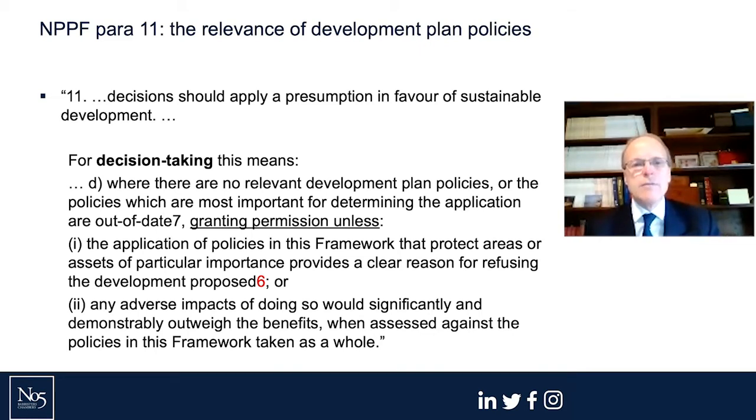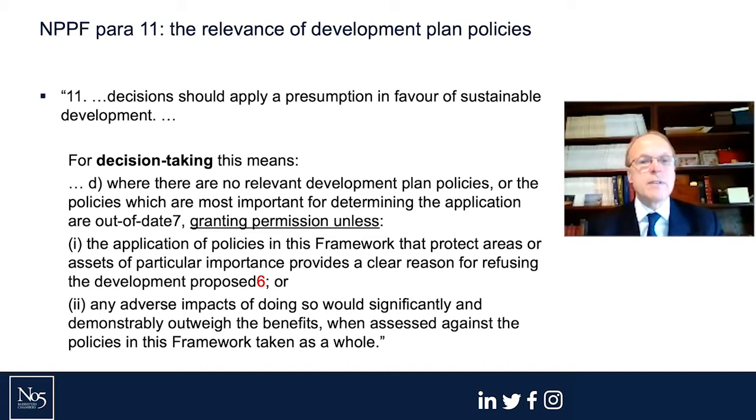And you can see in little Roman 1 and little Roman 2 the reference to policies in this framework, in the first line and the last line. And footnote 6, which I put in red for ease of seeing it, is in little Roman 1.